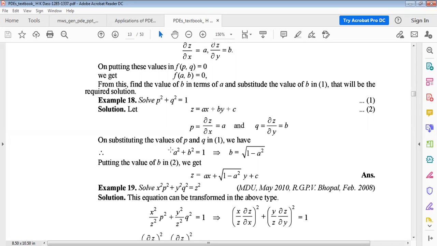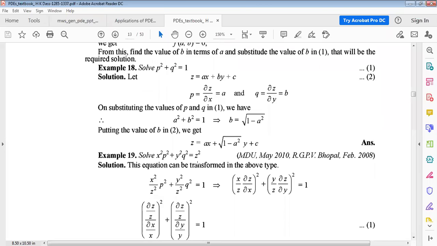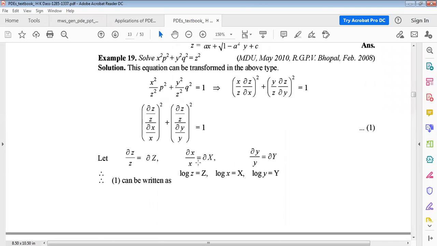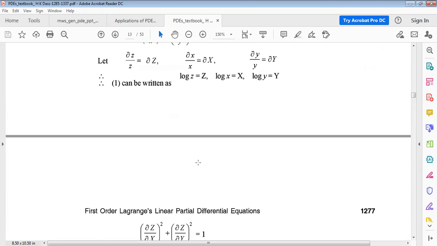Now substituting the values of p and q in equation 1, we get b equals root over 1 minus a square. Now putting the value of b in equation 2 we get z equals this. This is the solution. Very easy, simple. Understand everybody?